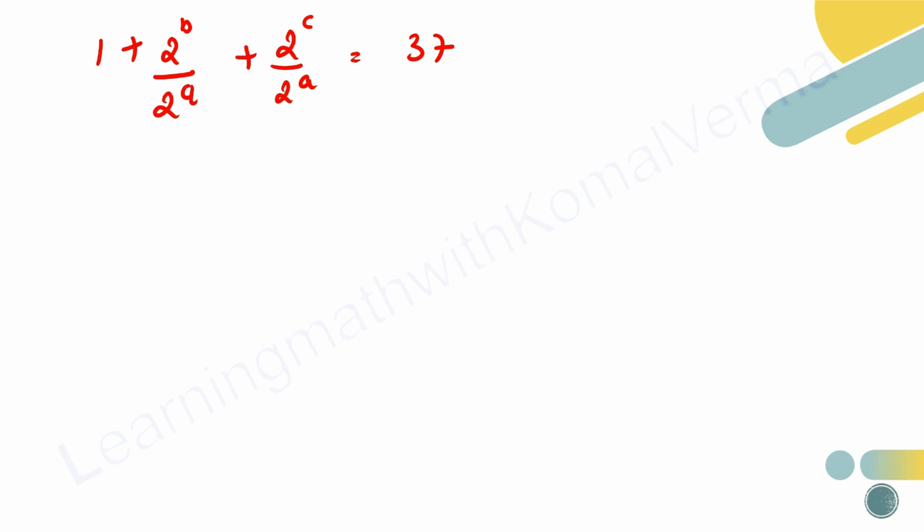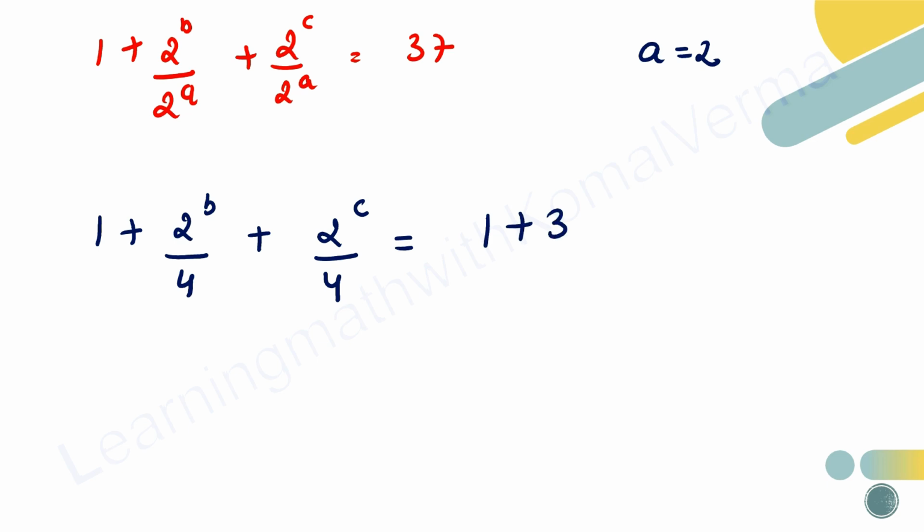Now we put value of a is equal to 2 on the left hand side. We get 1 plus 2 raised to the power b upon 4 plus 2 raised to the power c upon 4, that is equal to 37, which can be written as 1 plus 36. From this, the 1s cancel out.